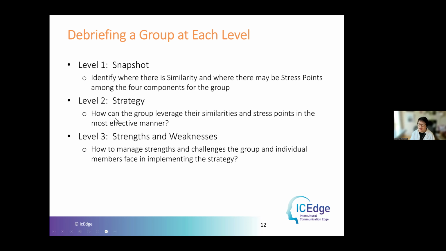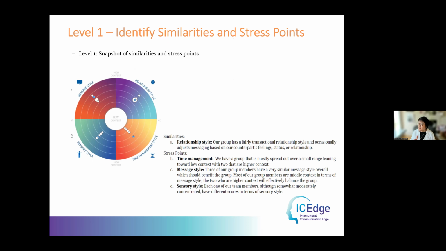For the three level analysis, I took an example from my MBA student teams. This is a team that had five members, originally from very different cultures, so it's a very culturally diverse team. And this is their team profile. Their first task is to focus on similarities and find stress points.